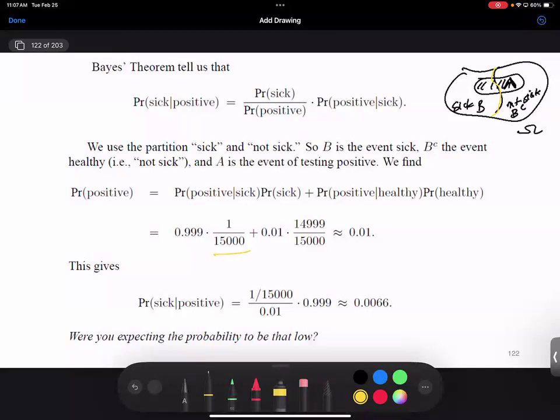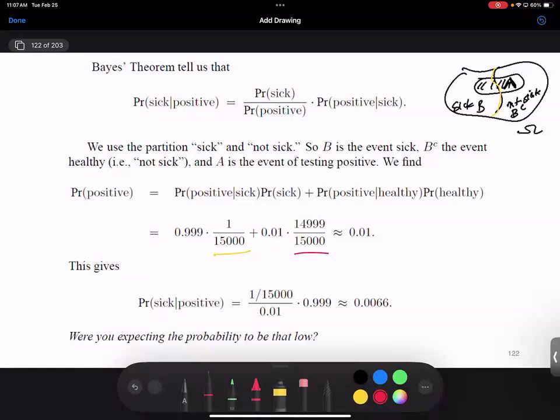And what's the probability you test positive given that you're sick? We told you that the test was right 99.9% of the time in identifying sick people. So it'd be 0.999. Or you might be healthy. What's the probability you're healthy? 14,999 out of 15,000. What's the probability you test positive given that you're healthy? That was only 1 in 100.